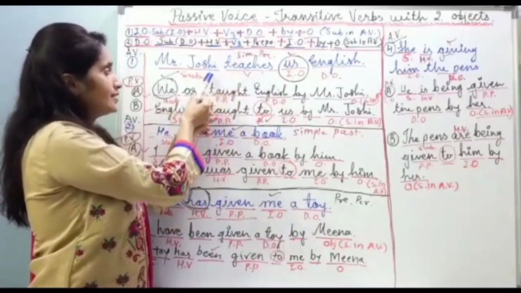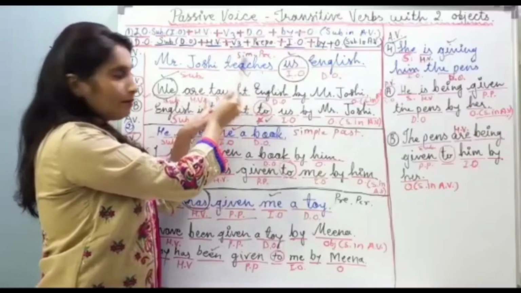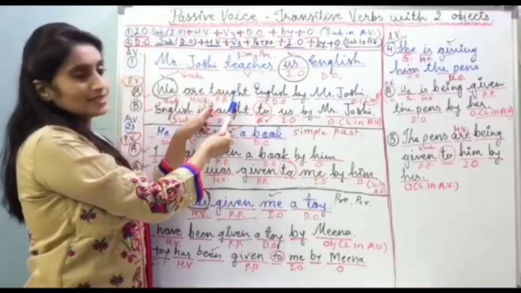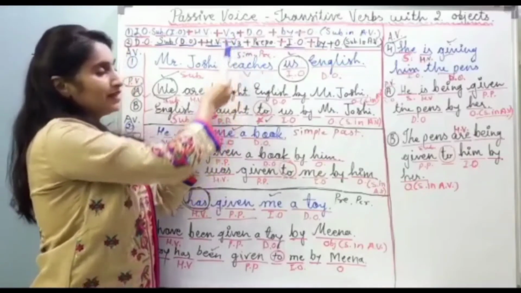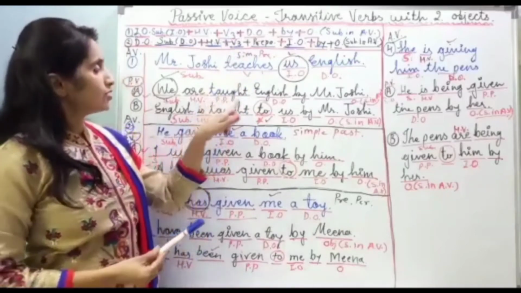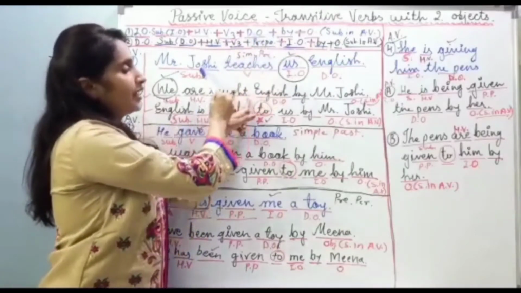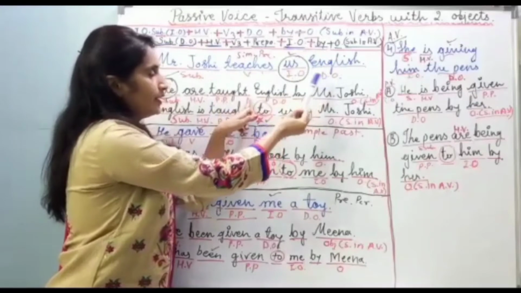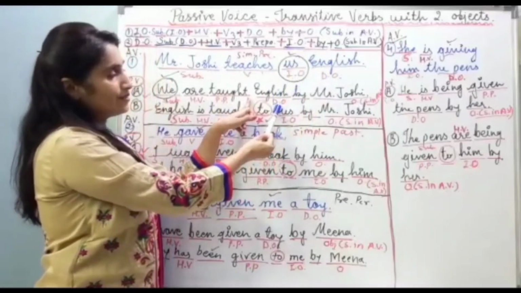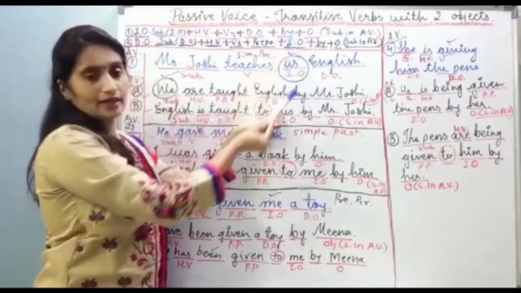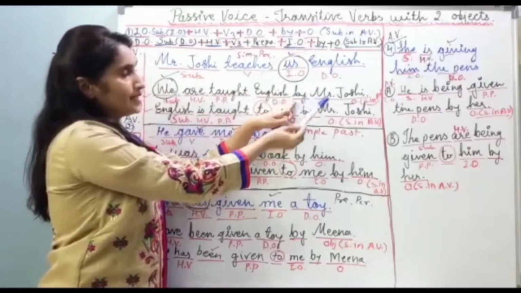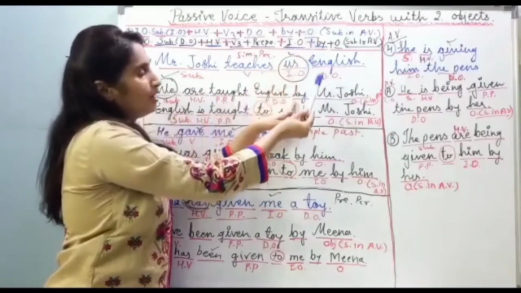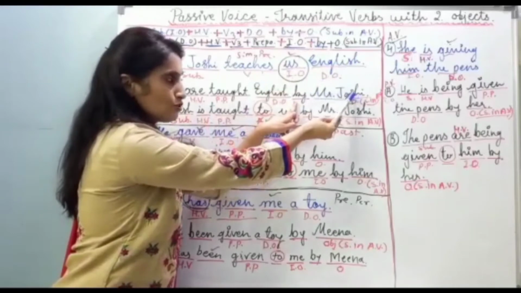We think. In this sentence, teaches is the main verb, and so taught is the past participle of it, meaning V3 of it. Then what? Direct object. In this sentence, English is the direct object, and so it is written here. Then what? By. According to the structure, by is written, and finally the object. What is the object here? Mr. Joshi.